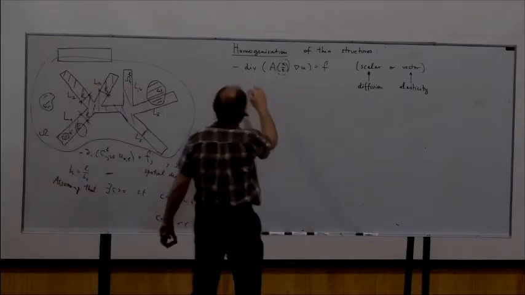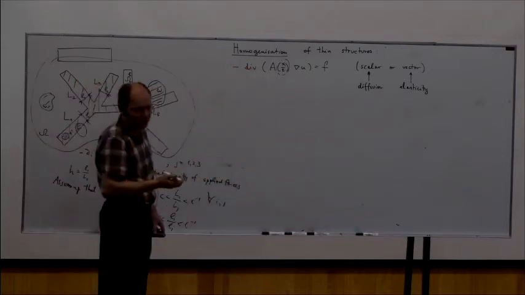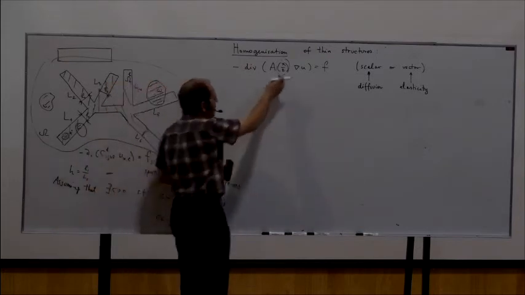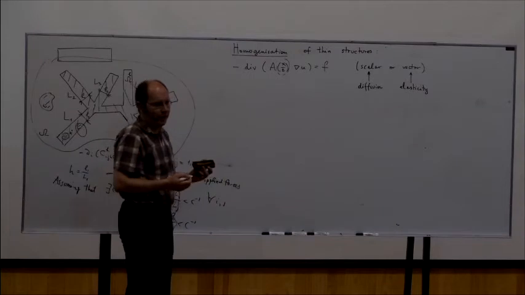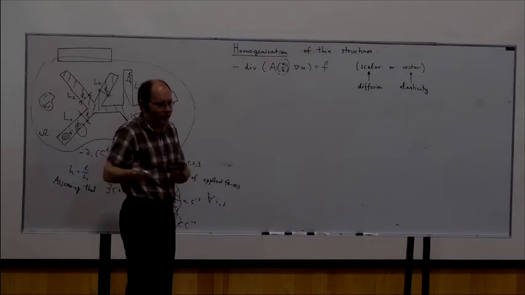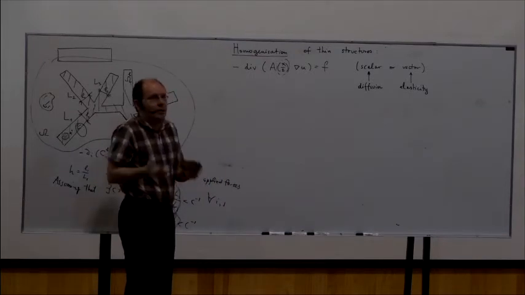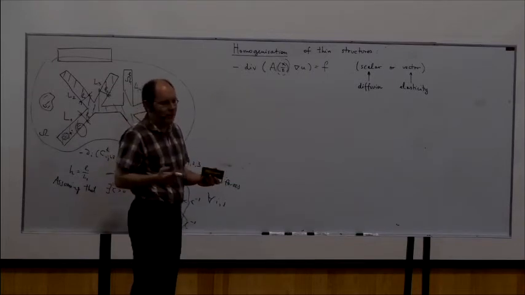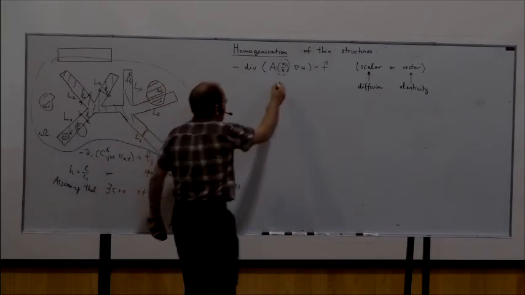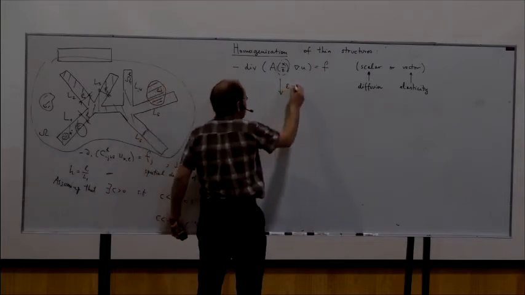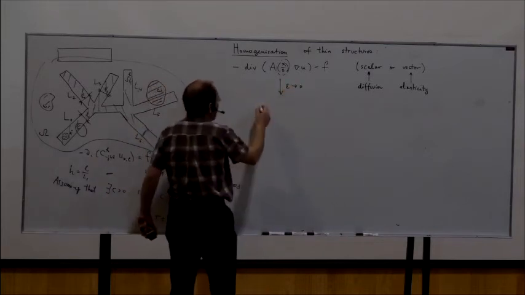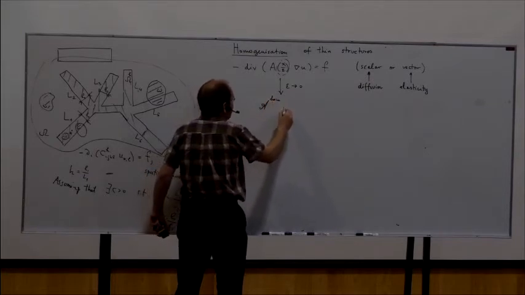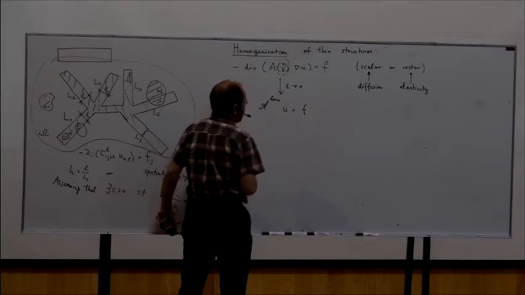Homogenization is the actual process, or rather the idea of replacing the medium with the small parameter epsilon like this by another equation, or representing another medium, or it can be even not a medium that exists in nature. So some limiting equation. So in some sense you replace this by some kind of limiting equation that I'm just going to call A hom, U equals F, something like this.